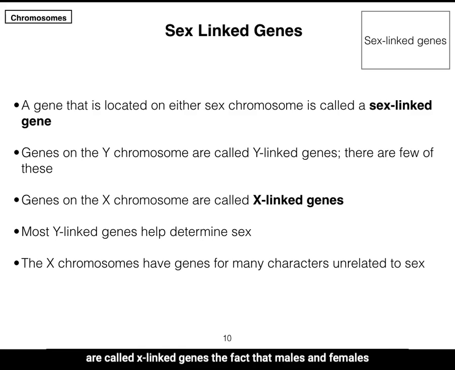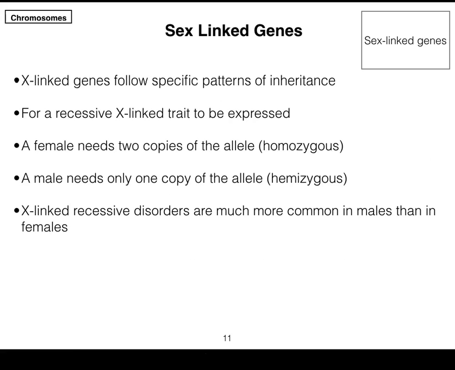The fact that males and females inherit a different number of X chromosomes leads to a pattern of inheritance that's different from that produced by genes located on autosomes. X-linked genes follow a very specific pattern of inheritance. For example, if there is a recessive X-linked trait, in order for this to be expressed, a female needs 2 copies of the allele.